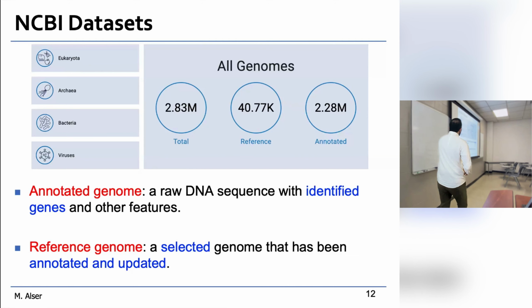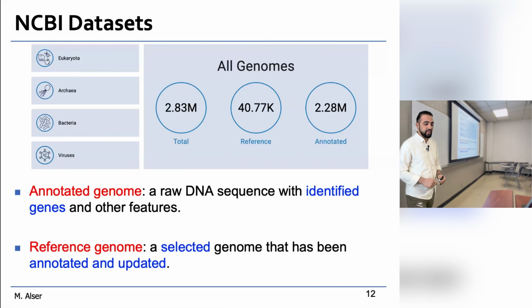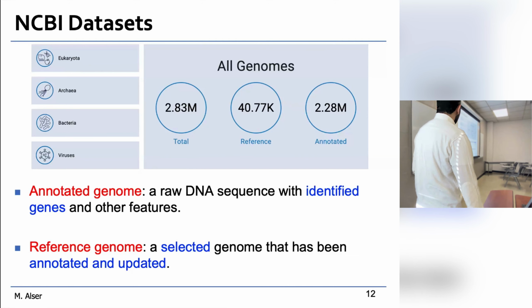Okay. But whatever we talk about here, we talk about linear reference genomes, linear representation of those genomics. So if you are interested in viruses, bacteria, any of those, you could always go to the NCBI database and start accessing the reference genome.